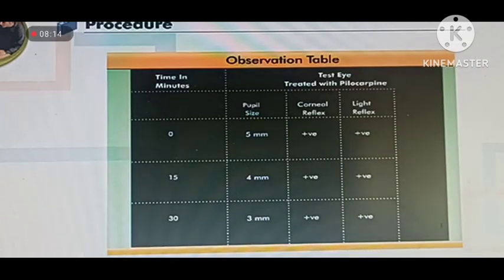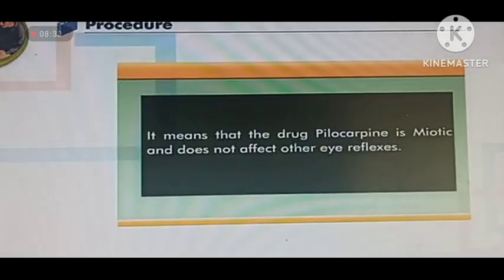Now observe the corneal reflex and light reflex in the test eye. You will notice that these reflexes remained unaffected. It means that the drug pilocarpine is myotic and doesn't affect other eye reflexes.